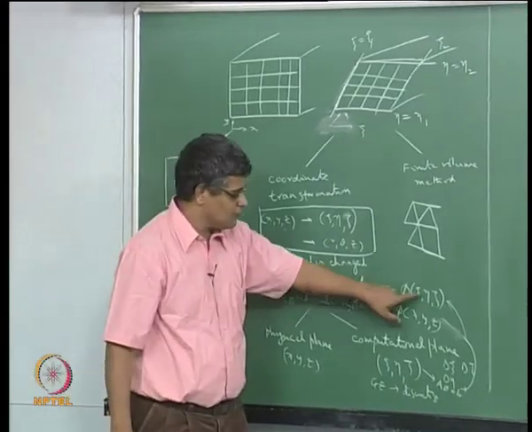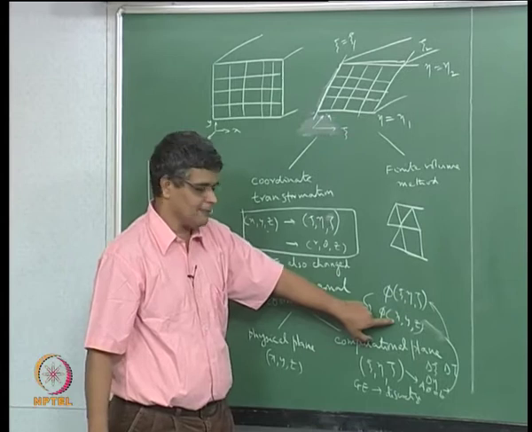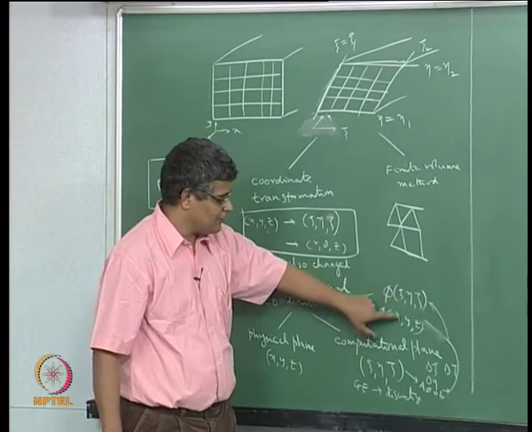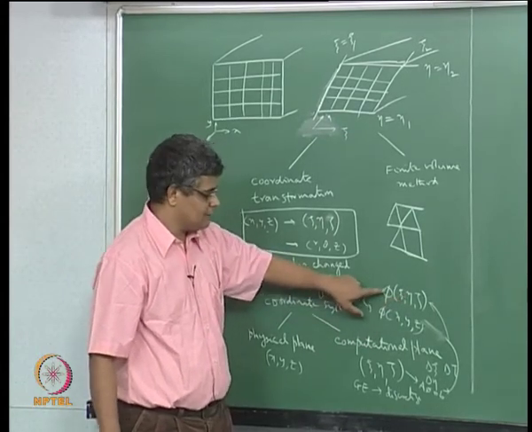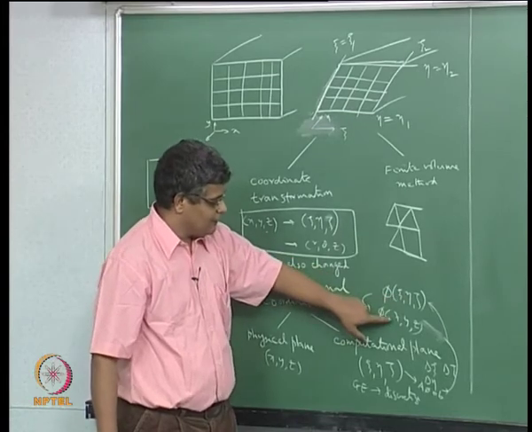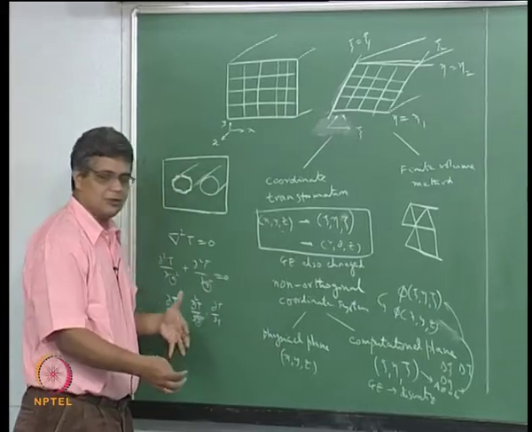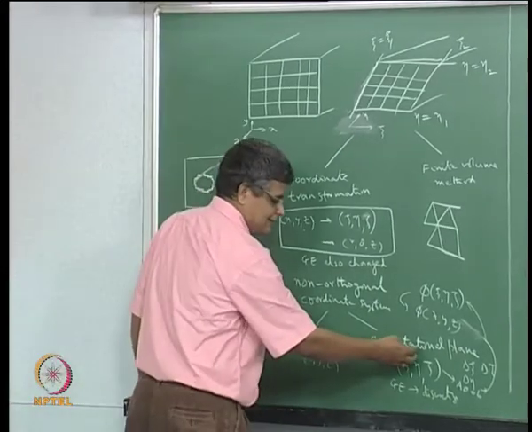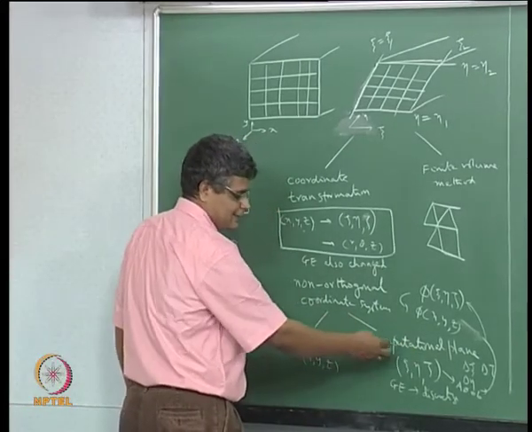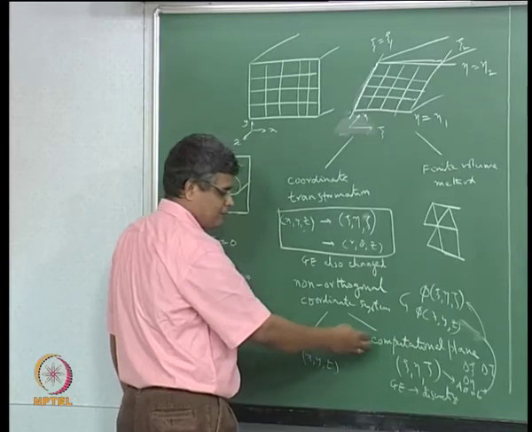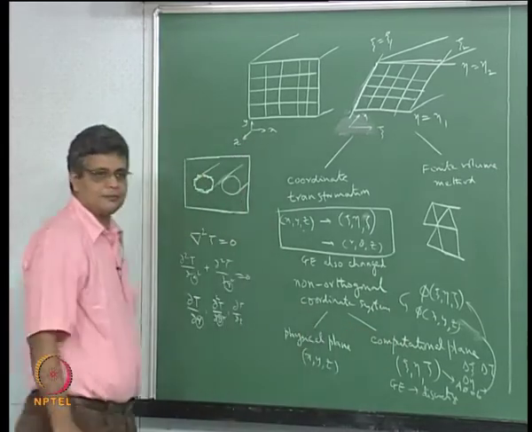And since we know what point this corresponds to in the physical plane, we say that at this point in the computational plane the phi is this, and therefore at the corresponding point the value of phi is here. So only the solution is given back, mapped from the computational plane into the physical plane.